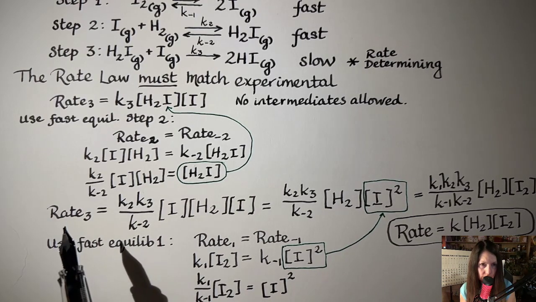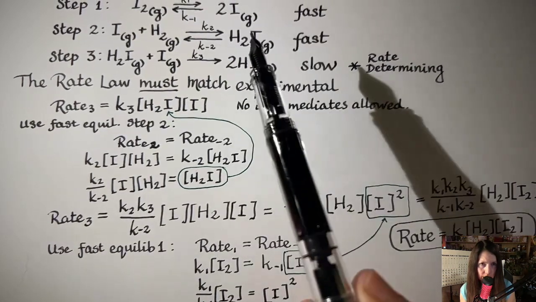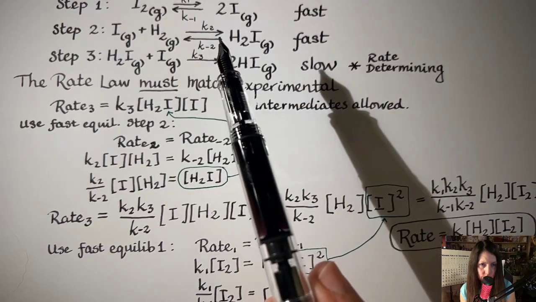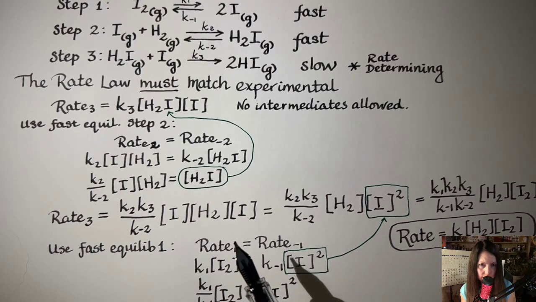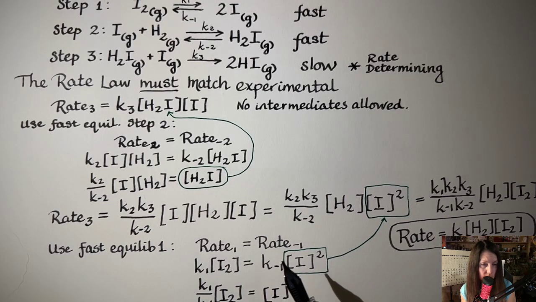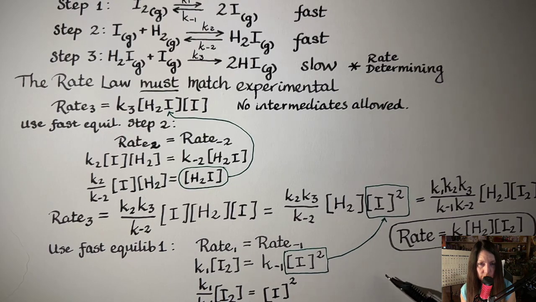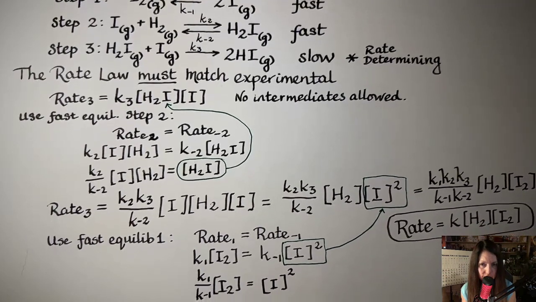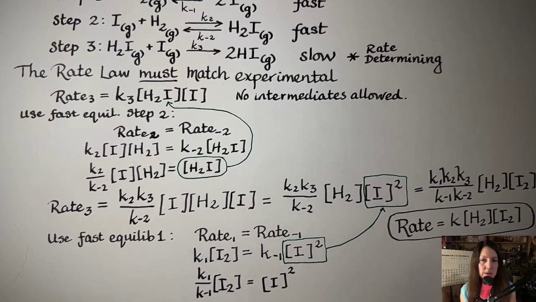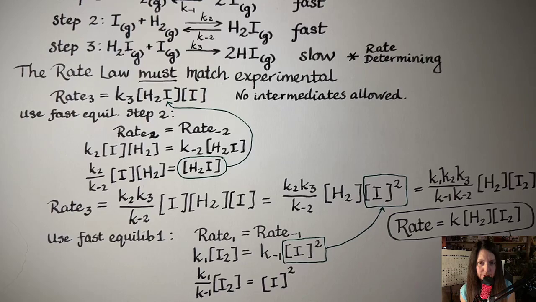In both cases, because they were equilibria, step 1 and step 2, we were able to do this fun little equilibrium trick to be able to substitute out those pesky intermediates that are not allowed in the overall rate law. And ultimately, there's our rate law.